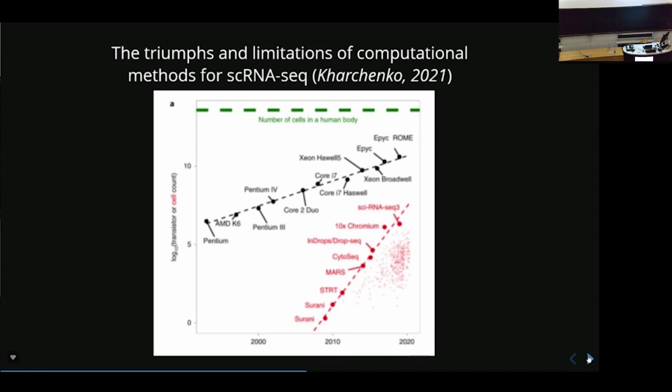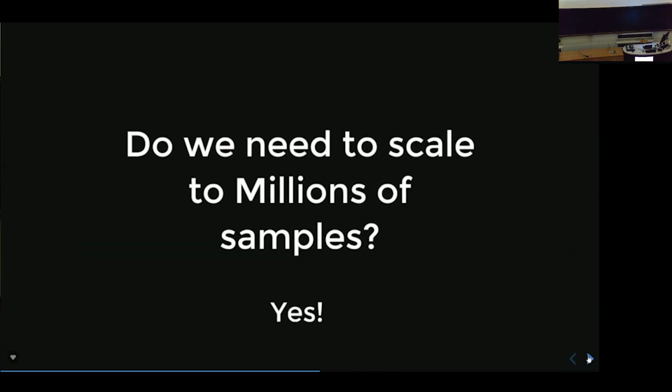There's the need to do something because we can't otherwise analyze this amount of data, despite the increase in computational power that we have. So, do we need to scale to millions of samples? Do we need methodologies that enable us to do so? The answer should be yes. I hope I convinced you.